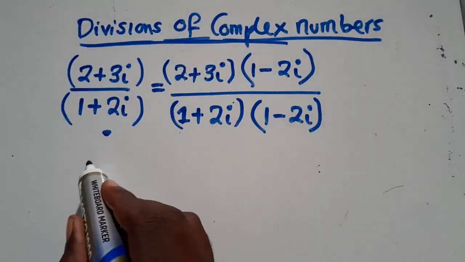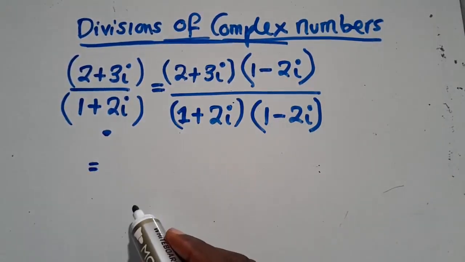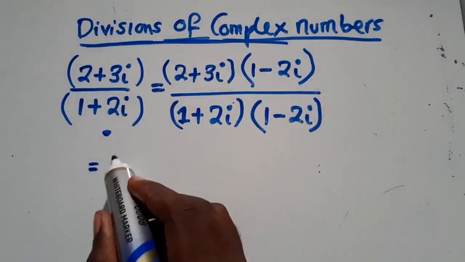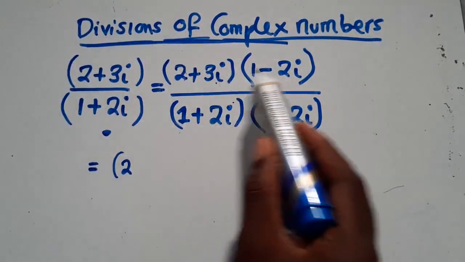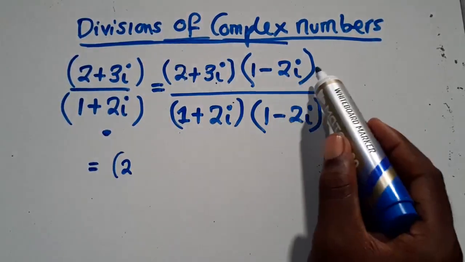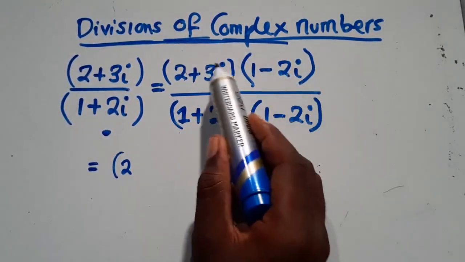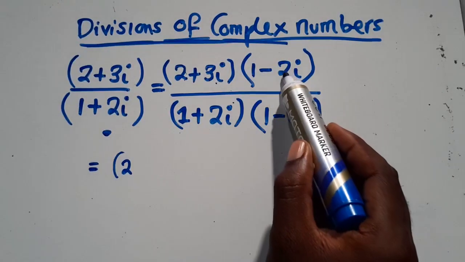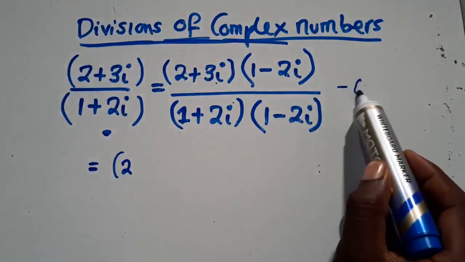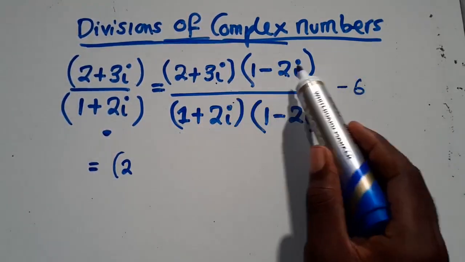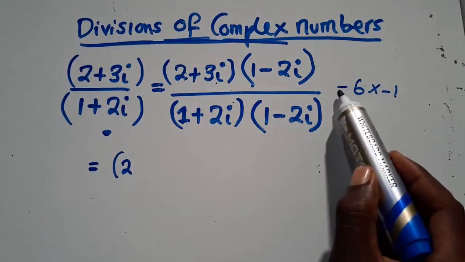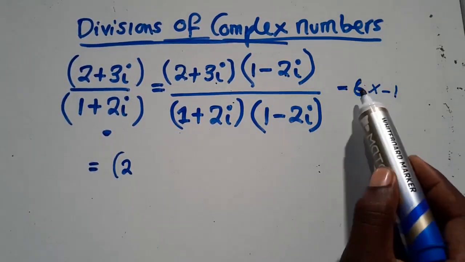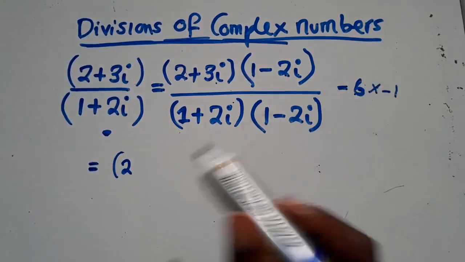On top, 2 times 1 is 2. Then 3i times negative 2i, that is negative 6i squared. I times I gives negative 1, so negative 6 times negative 1 gives positive 6.